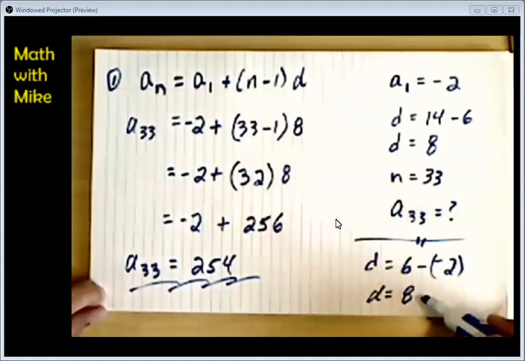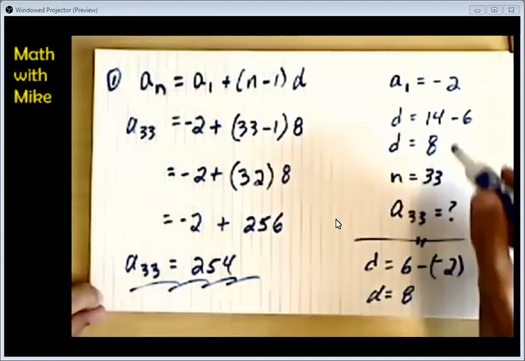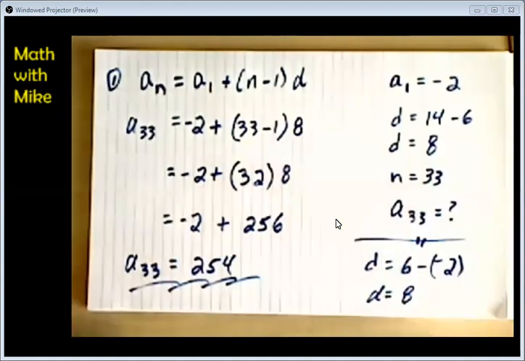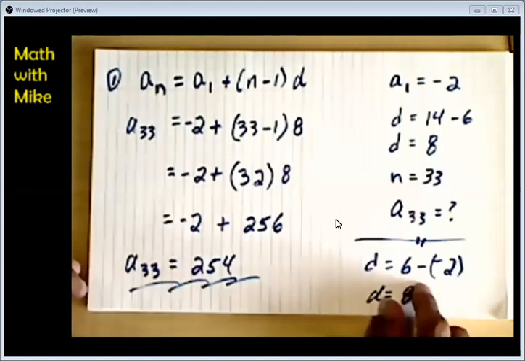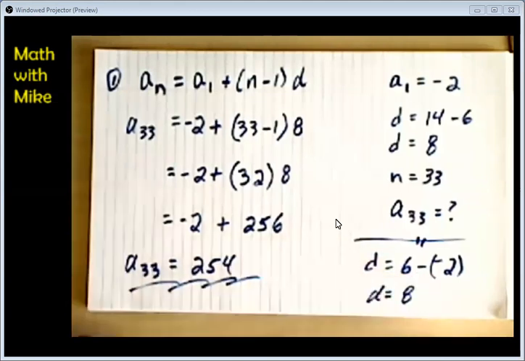Okay. So it's the same difference. It's the common difference, regardless of what numbers you use. 6, 14, any of them. Okay. So yeah, be careful with that. That will cause some struggle if you make that mistake there. What else? Anything else?